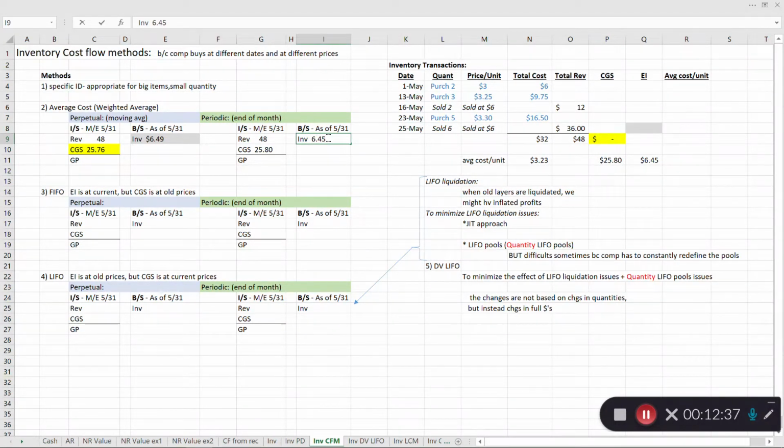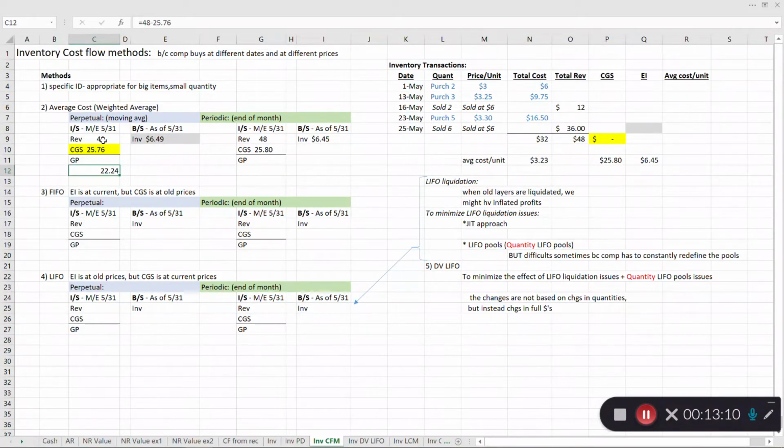Okay, so notice how this is a fairly straightforward example, but nevertheless you can appreciate how the difference between perpetual and periodic can give us a different gross profit here, right? This is going to give us, let's go ahead and do this one here. Well, let me do the formula down here. I'm sorry, I didn't do the cells so that it would be easy for us.